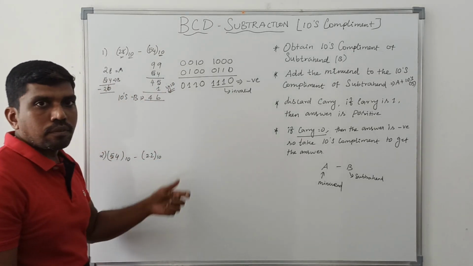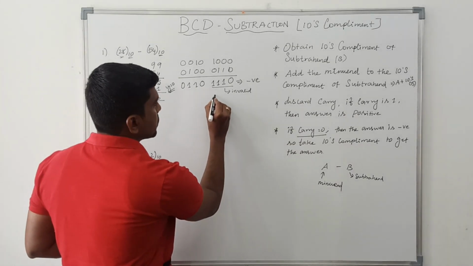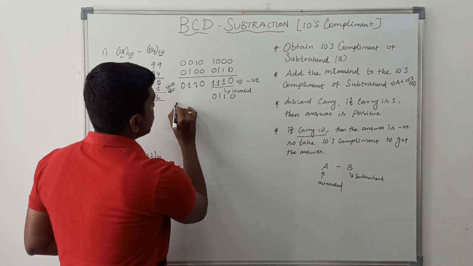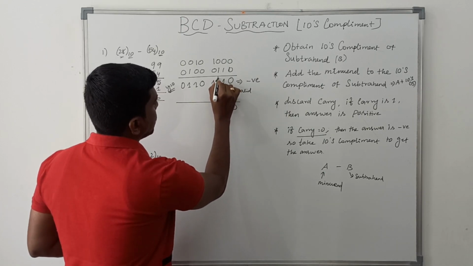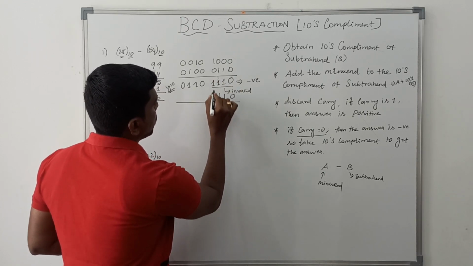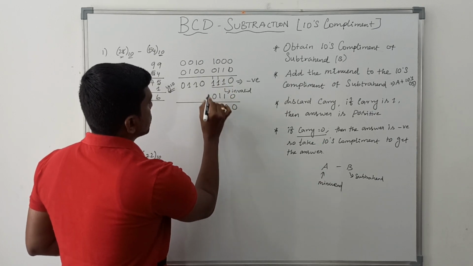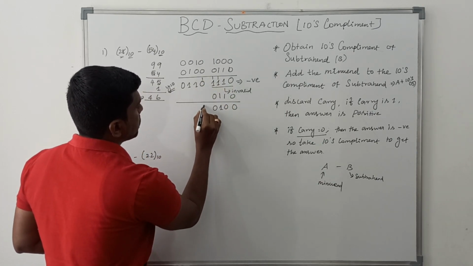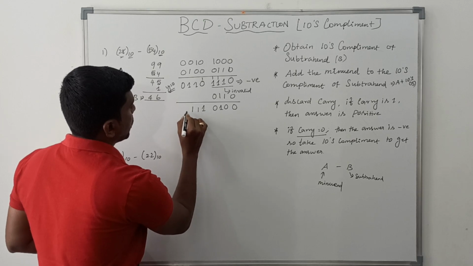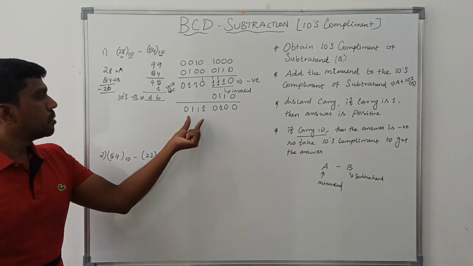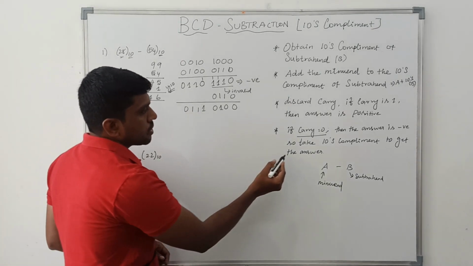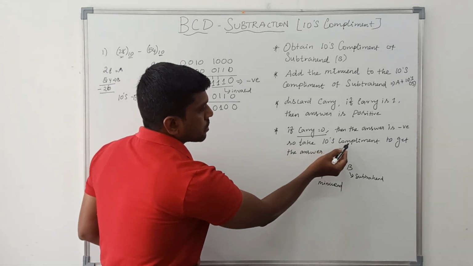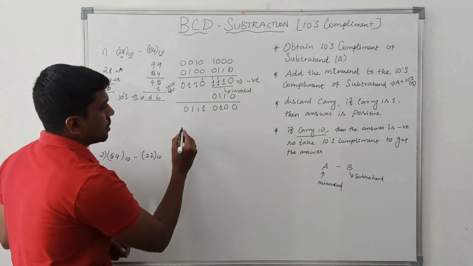To convert it to a valid BCD number, you add 6 here. The carry propagates to the next bit. Now both 4-bit values are valid BCD numbers. So next apply this step, take the tens complement to get the answer.